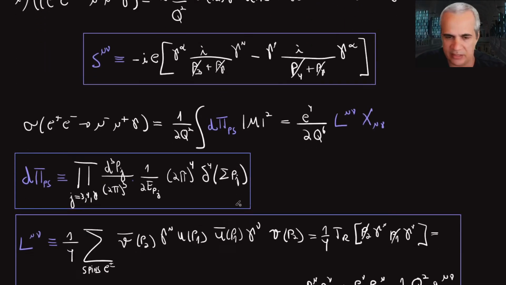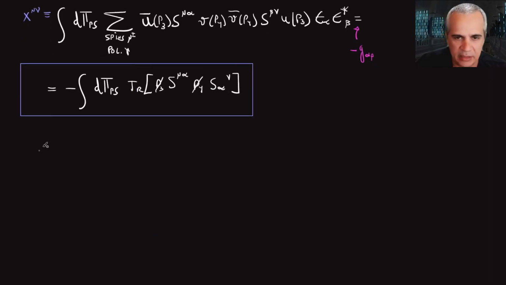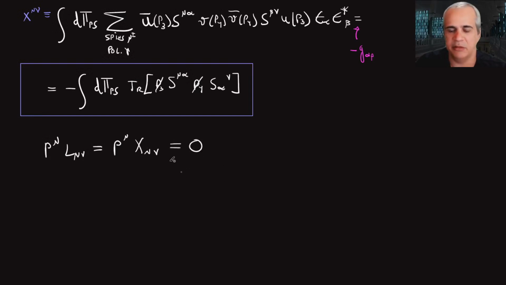This is constrained by a Ward identity that tells me that P_μ L^{μν} is equal to P_μ X^{μν}. If I contract this momentum P, which is the momentum of that intermediate photon, with any of these guys, these need to be zero, right? Just Ward identity again.